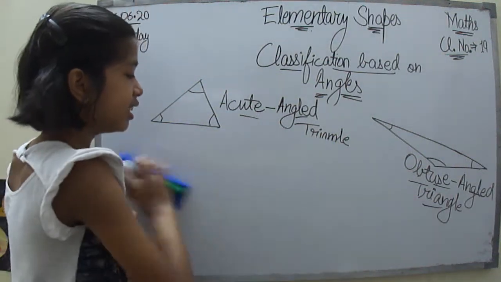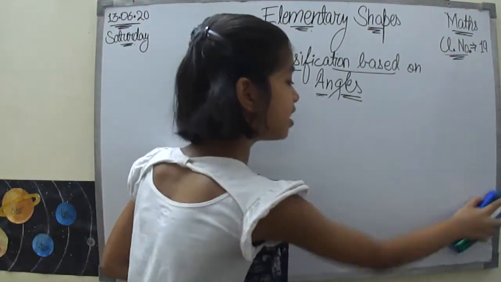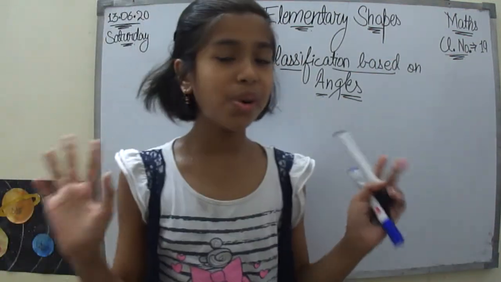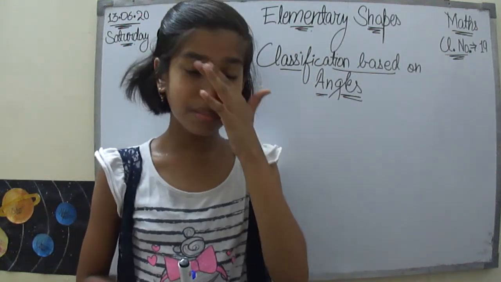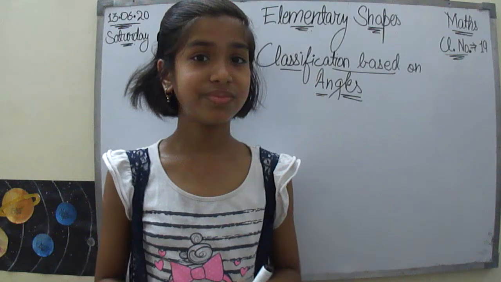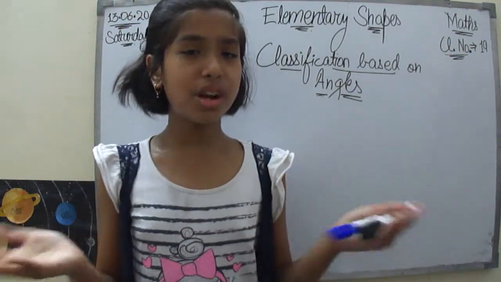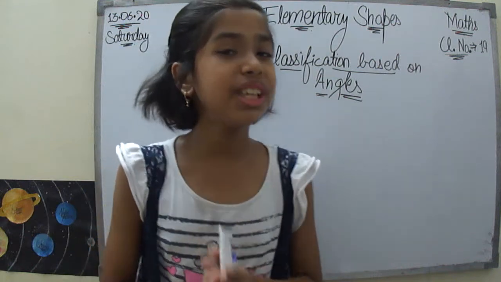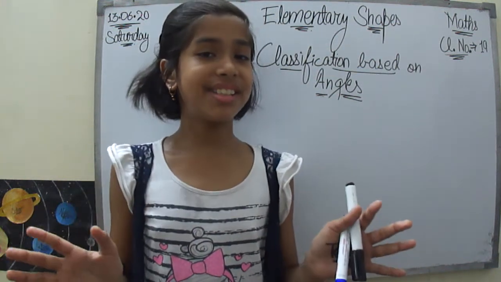Now let's see more about these. Firstly, a very simple question: can a triangle have two right angles, two 90-degree angles? Could it be possible at all? No. Now, how can we say that it is not possible? We know that the triangle has three angles, and these three angles sum up to 180 degrees.